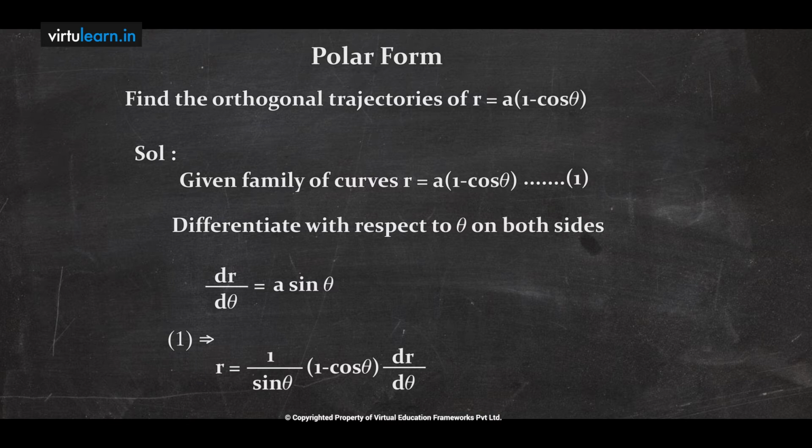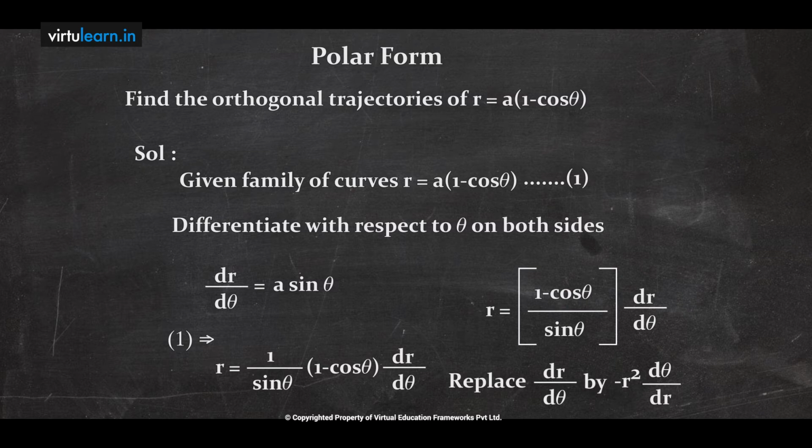Now replace dr by d theta by minus r square d theta by dr. Here, r equal to 1 minus cos theta by sin theta, and instead of dr by d theta, I write minus r square d theta by dr.